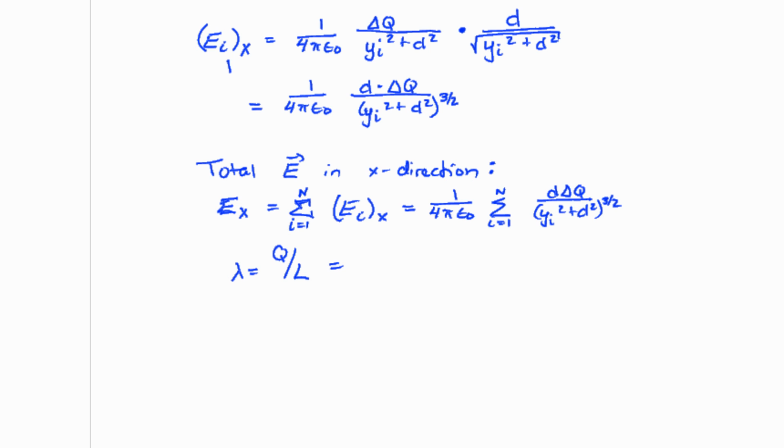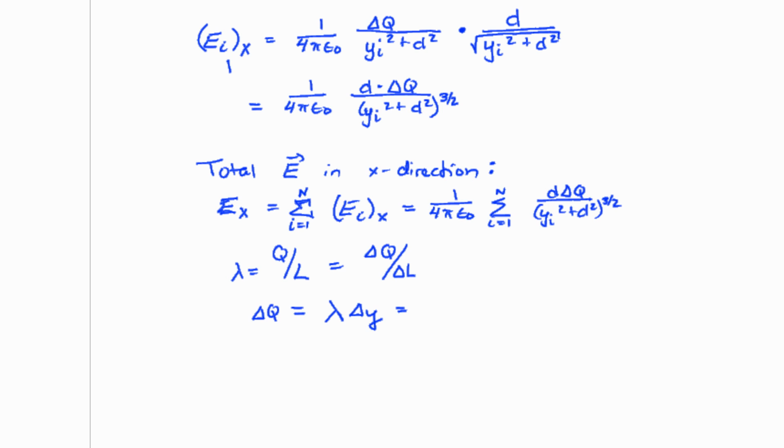So because this is uniform, if I'm looking at just one tiny piece, then the tiny charge on that tiny piece is equal to lambda times the length of that tiny piece.